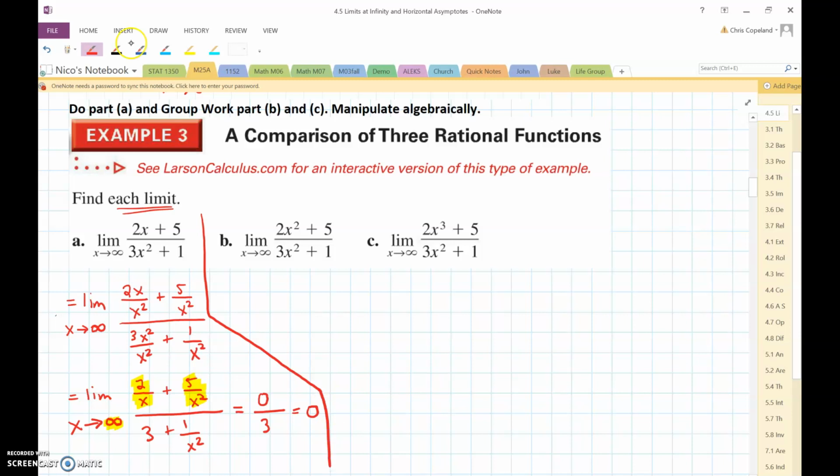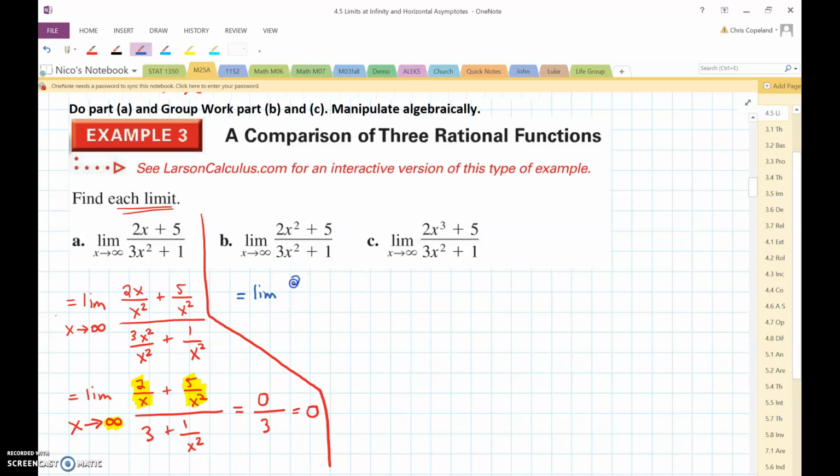Let's look at example B. Same thing, it's very similar. Again, we're going to use algebraic manipulation to analyze this, because if we directly plug in infinity here, you're going to get 2 infinity squared plus 5 all over 3 infinity squared plus 1. It's really hard to determine what the answer is in that form.